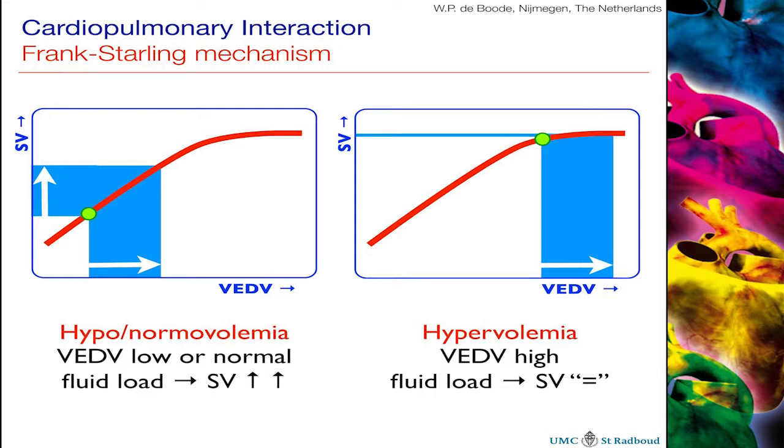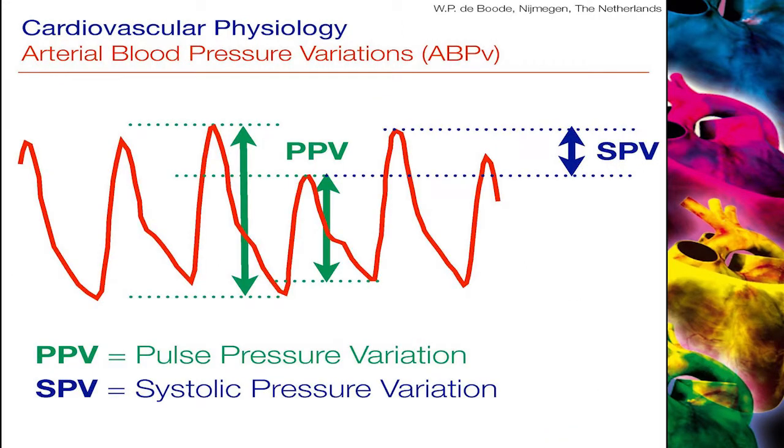On the other side, when you're hypervolemic, you're on the flat part of the Frank-Starling curve, and an increase in ventricular end-diastolic volume won't have that much effect on stroke volume, and you won't see that in the arterial blood pressure variation. How can you measure arterial blood pressure variation? You can measure the variation in pulse pressure, the maximum and the minimum, or you can have a look at systolic blood pressure variation.